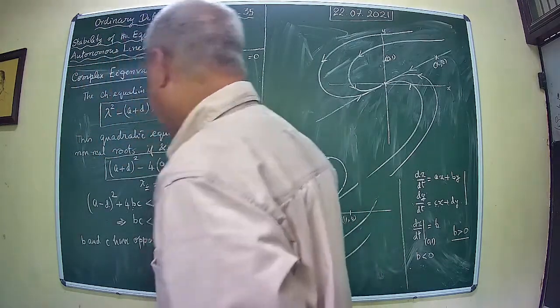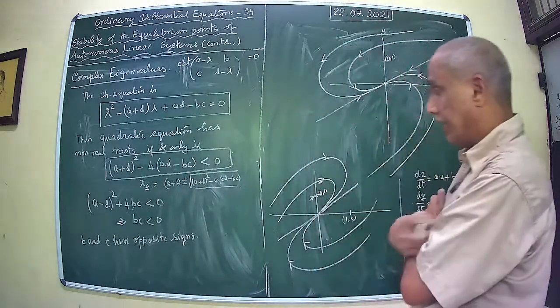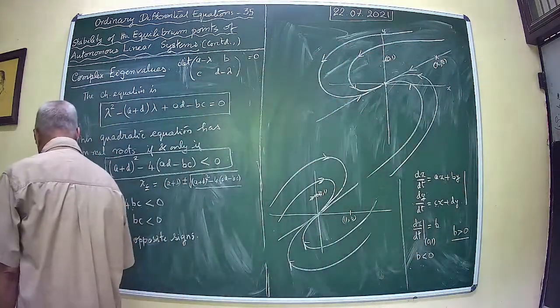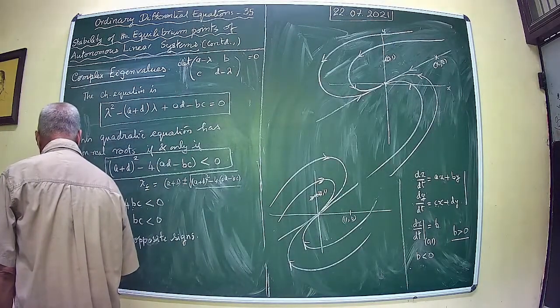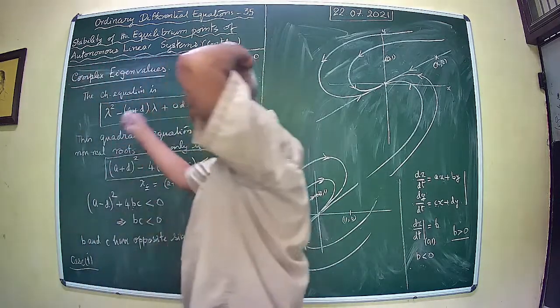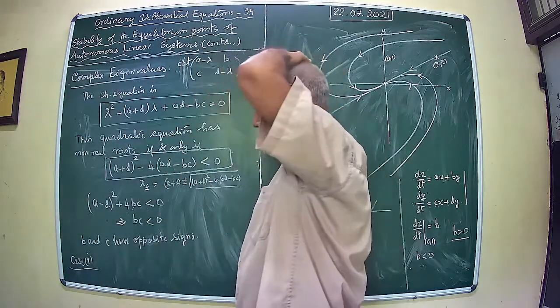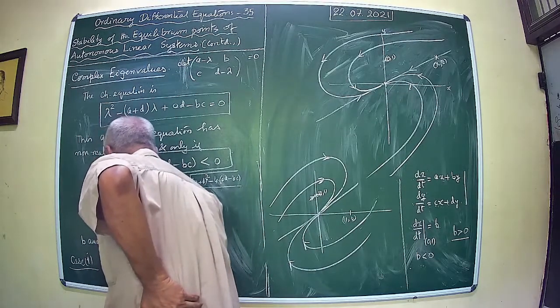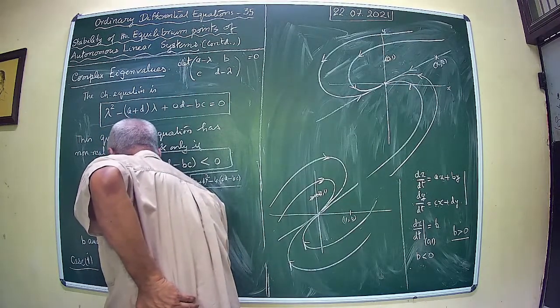So now we take up the various cases. Case 1. What can you say about the roots of this? Let us take lambda 1 to be alpha plus i beta.